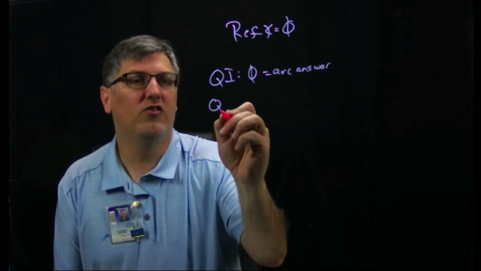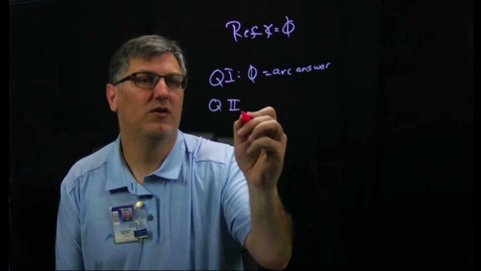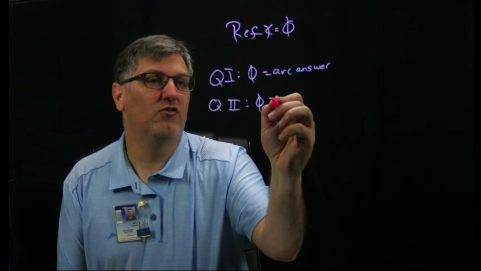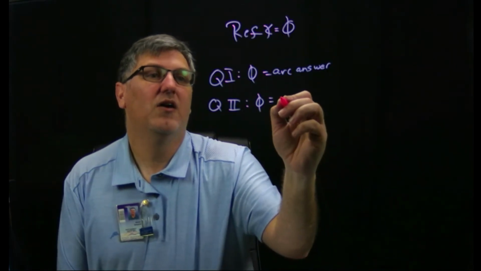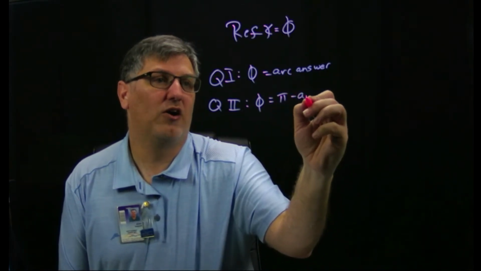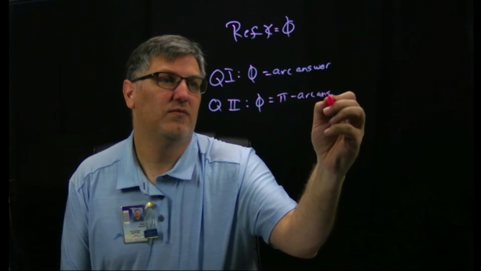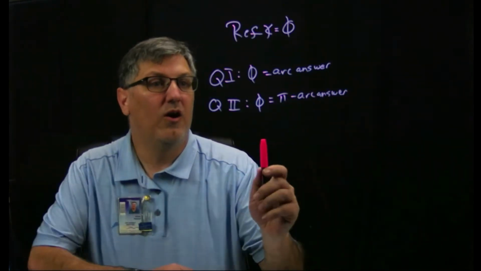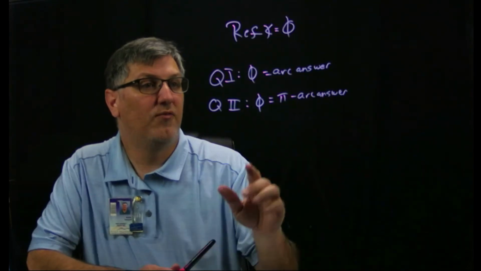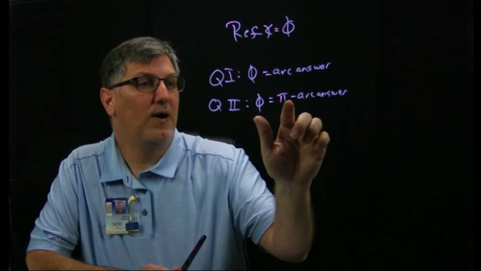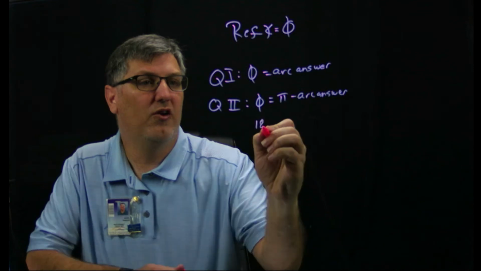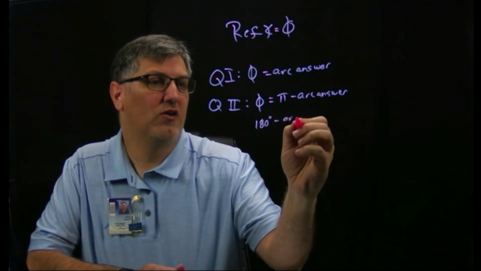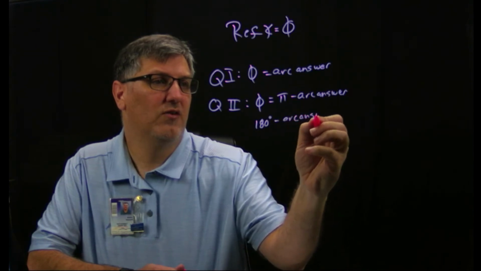In quadrant 2, my reference angle is going to be pi minus my arc answer, or 180 degrees minus your arc answer.